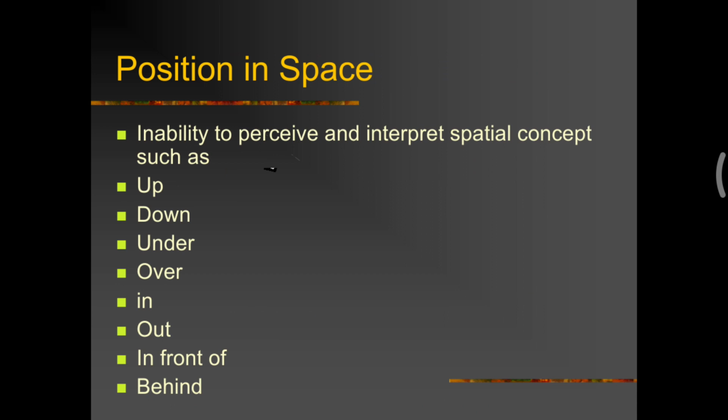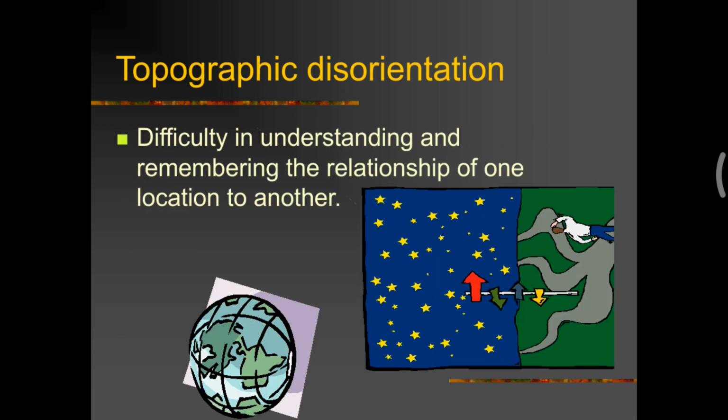So something which is above might be perceived as something which is below, and you might be consistently trying to undershoot to reach for that object.